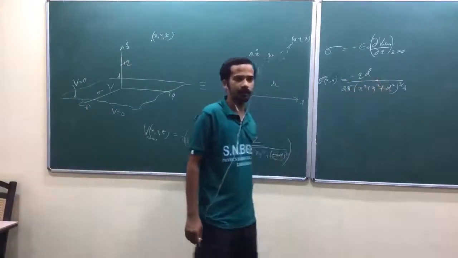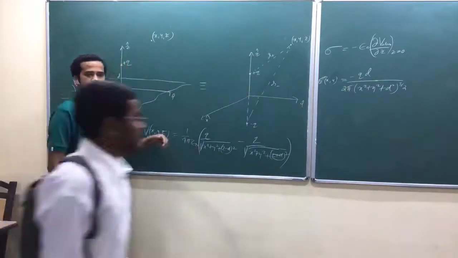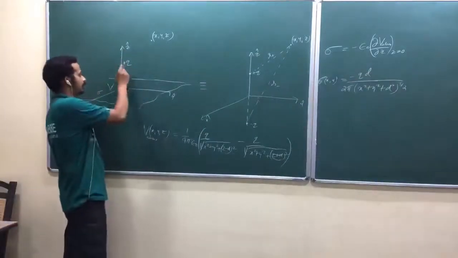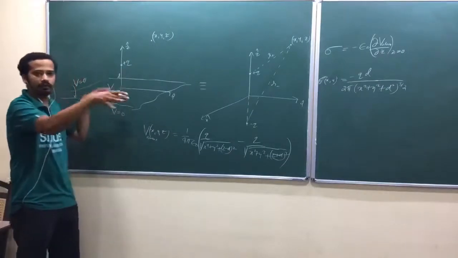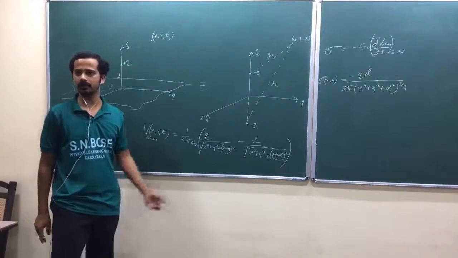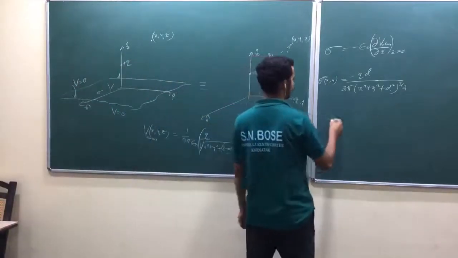The whole quantity is high. When x and y are high, what would happen? Charge density will decrease. Obviously, very near the charge you will have more charge density. When you go away from the charge, you will have less charge density. That is obvious. Is that okay? So induction will be low when you go away.